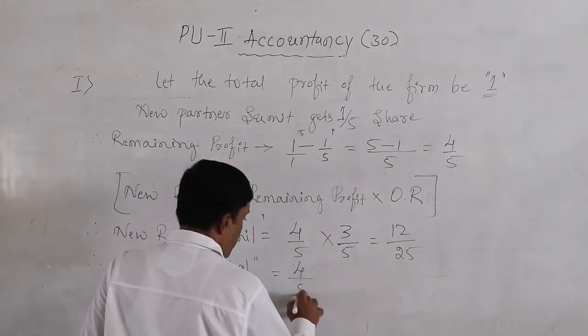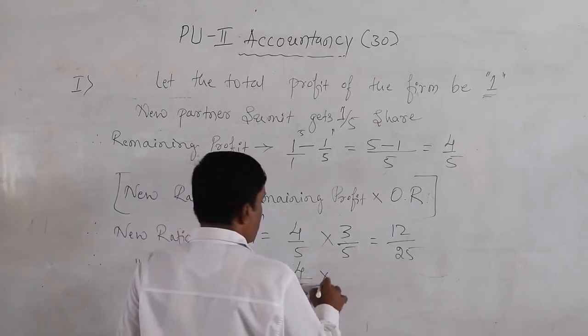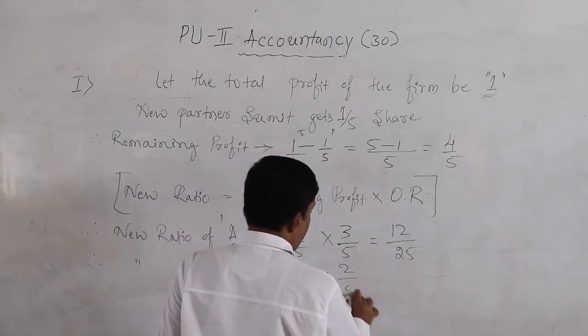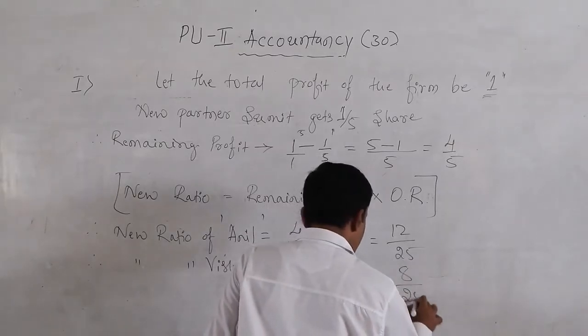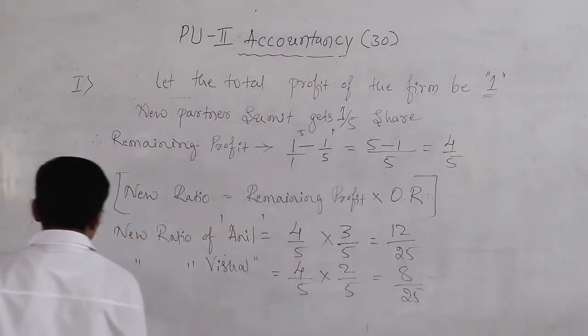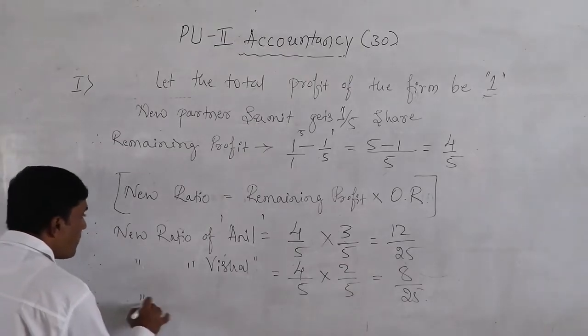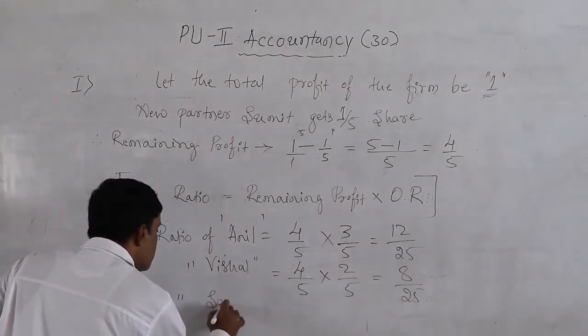Same. The remaining profit is 4 by 5, but his old ratio is 2 by 5, so 8 by 25. They have already given the new ratio of Sumit.